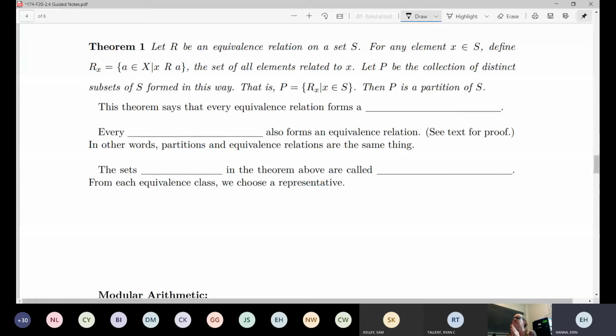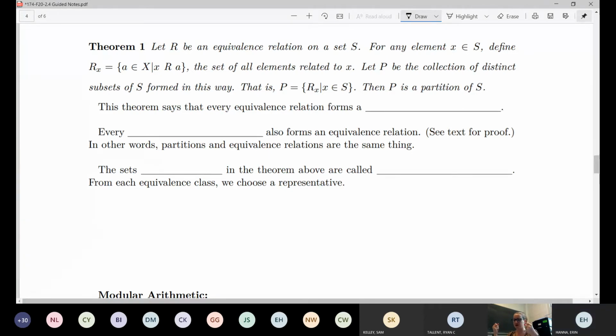So if we have an equivalence relation R on a set S, then for any element X in S, we can define this new set to be all of the elements related to X. So we have a relation, and what we're going to do is break up the set into all of the pieces that are related to something else. So if we let P be the collection of these subsets, then that P is going to create a partition.